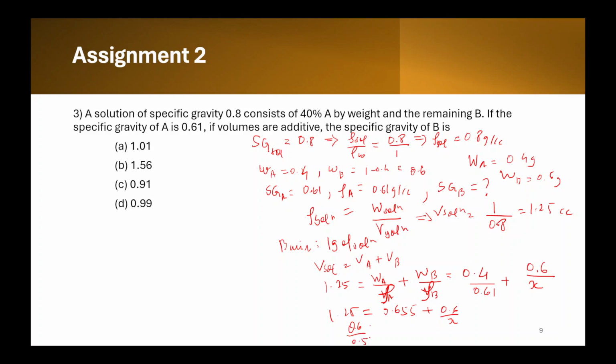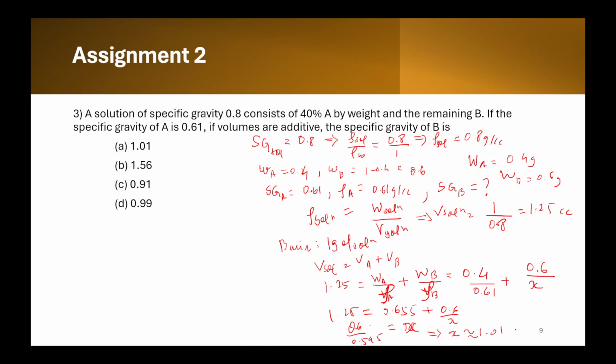0.6 by 0.595. If we subtract 0.655 from 1.25, this comes out to be 0.595, and 0.6 by 0.595 is equal to X. So this comes out to be approximately 1.01.